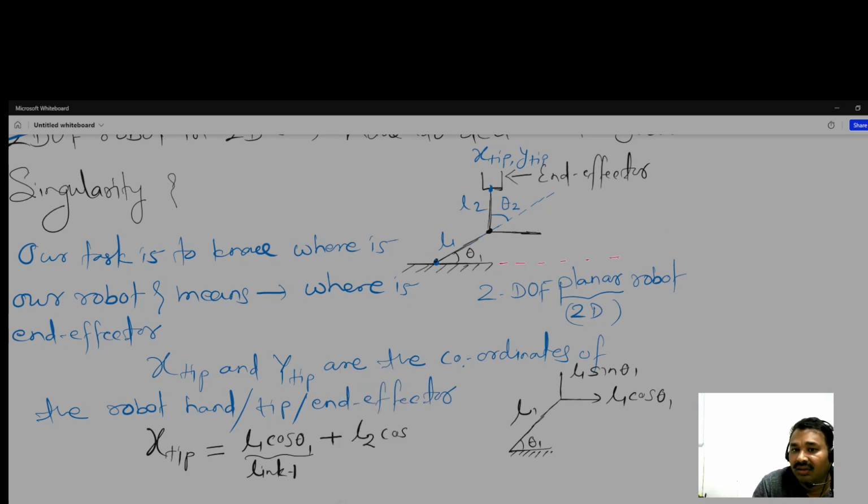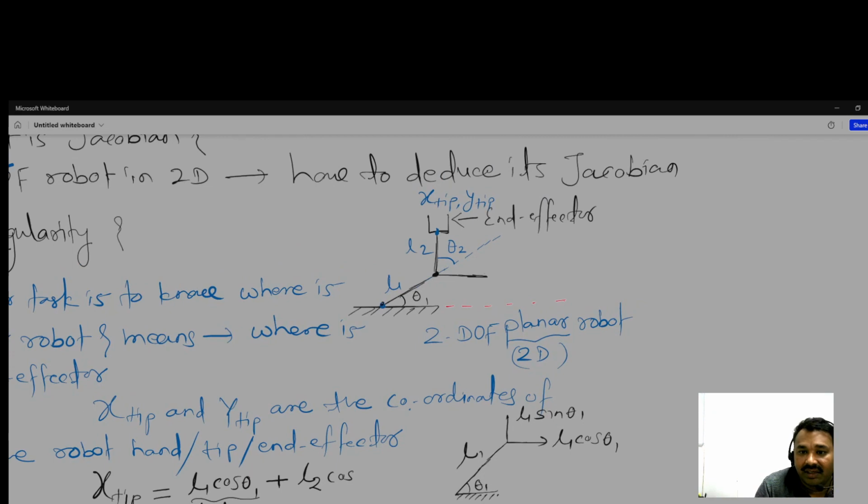So for link 2, theta 2 is measured from the axis of the previous link.